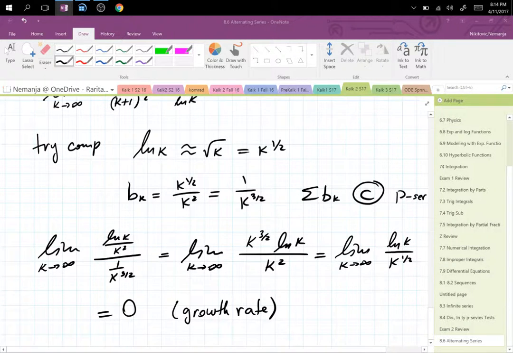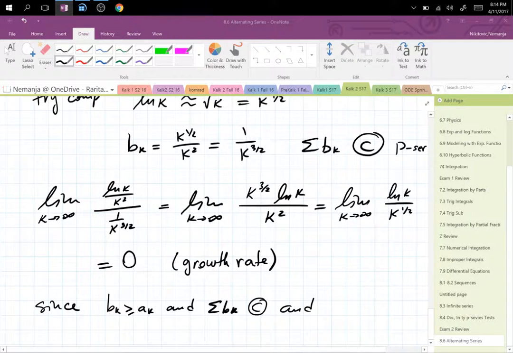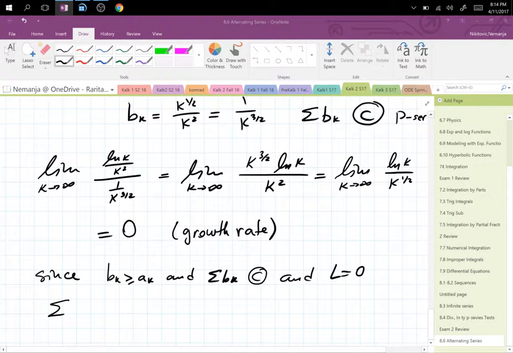So we do have that both will do the same since bk larger than ak and summation bk converges and limit equals 0. We have that the summation of ln k over k squared converges by comparison.